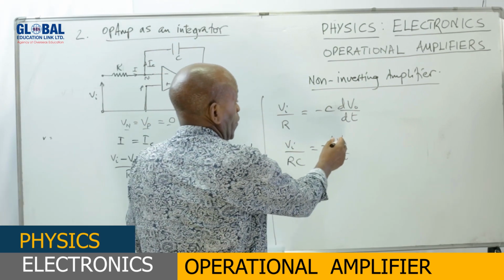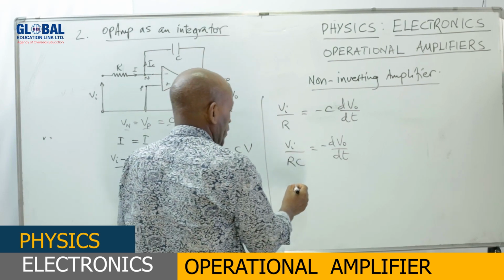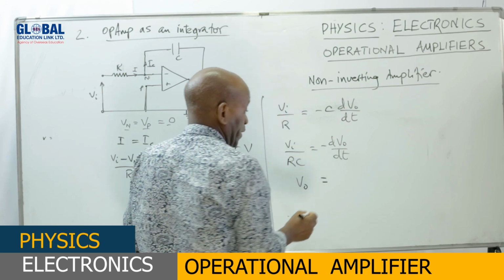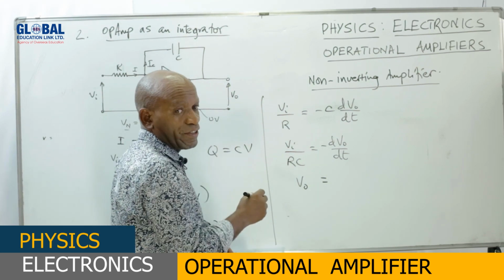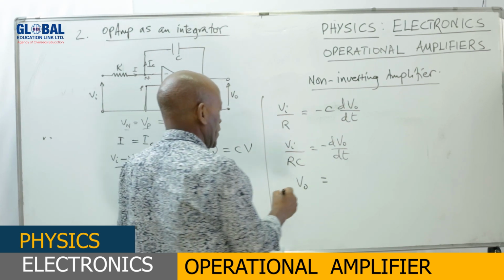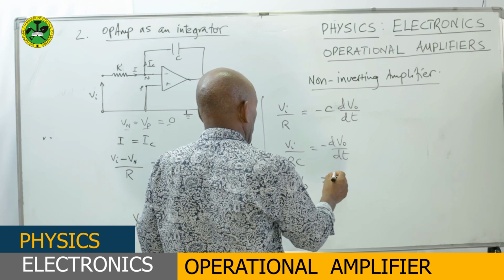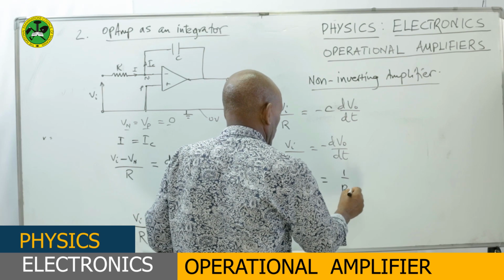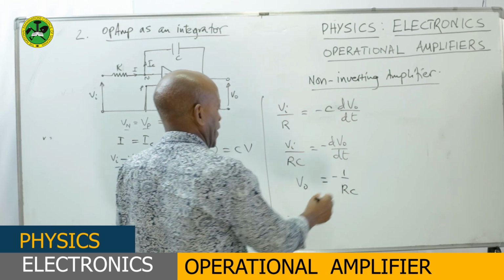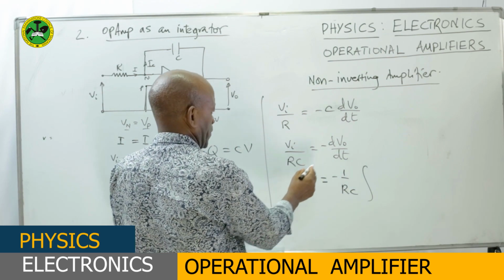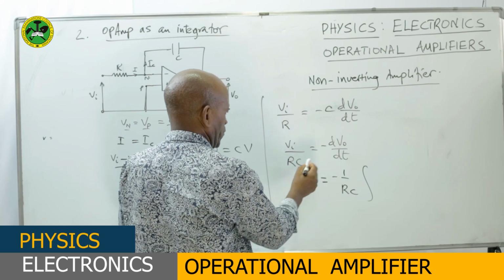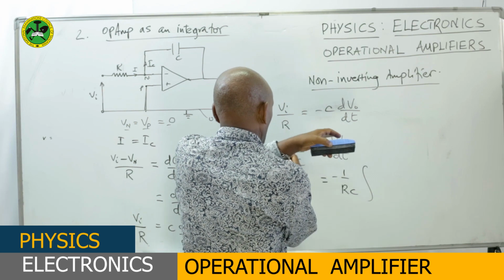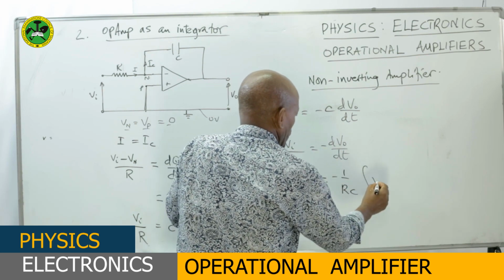Actually, our interest is to obtain the output voltage V0. The output voltage V0 will only be obtained after rearranging this expression and doing an integration. So we find that V0 will be equal to minus 1 over RC times the integral of the input voltage Vi dt.